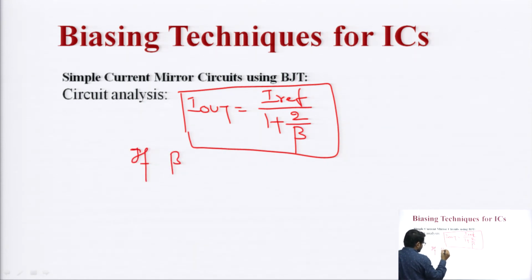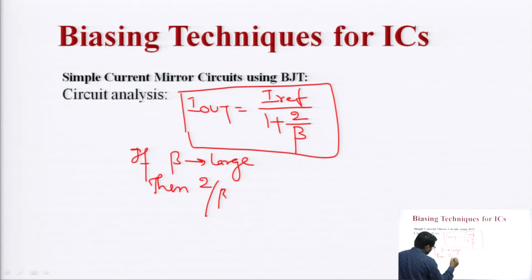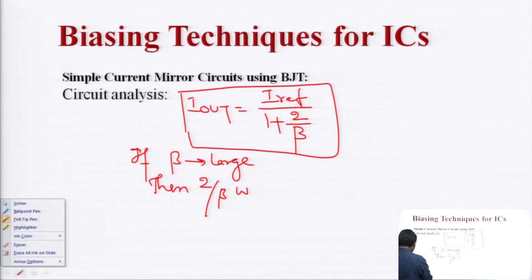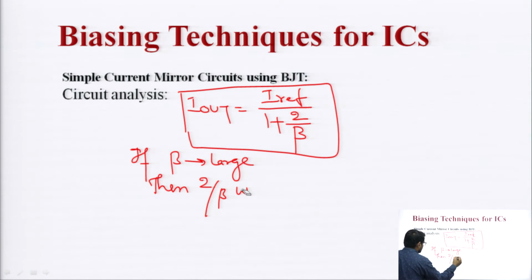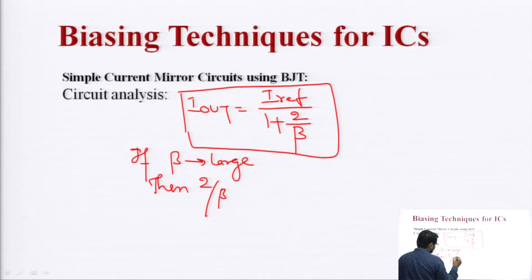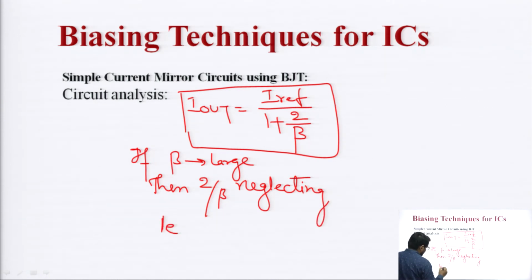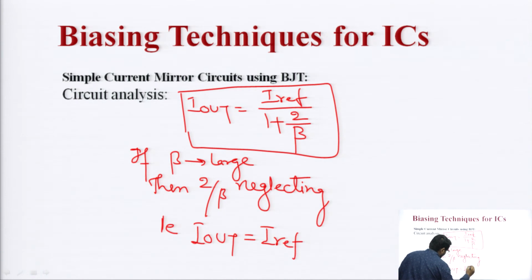If beta is large, then we neglect the 2 by beta, that is, I out equal to I reference.